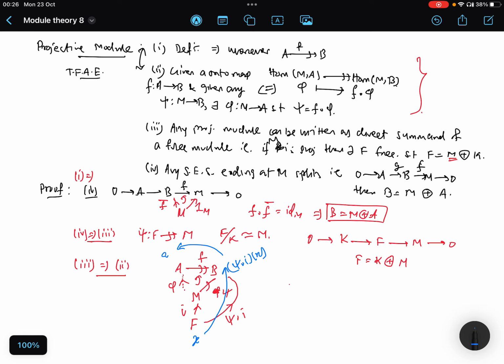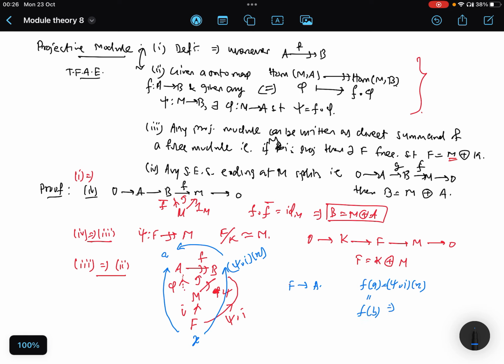So we define this map from F to A as x going to this a. Now to check it is well defined: it could be the case that there exists more than one pre-image of an element under f. So suppose you have another element b such that f of a and f of b are both equal to psi I of x.